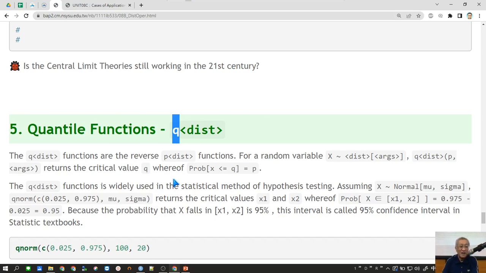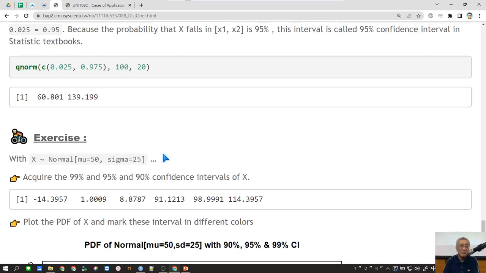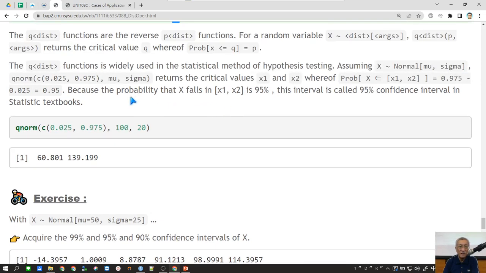Okay. But the way to use it is actually not difficult, right? As you can see here. Now, for example, if we want to know the 95% confidence interval for a normal distribution with mean 100 and standard deviation 20, I want a 95% interval that the value will fall within.